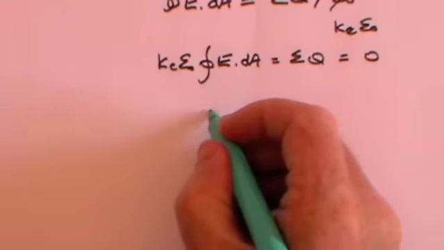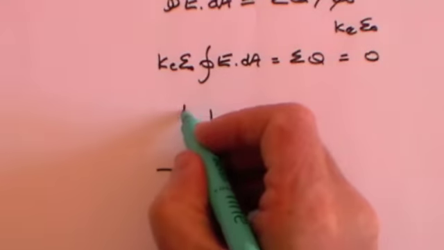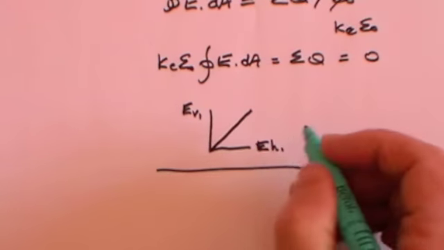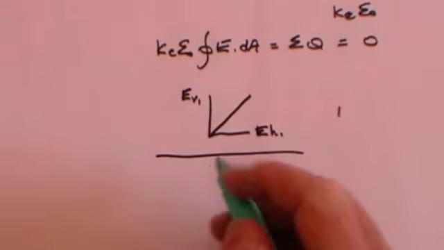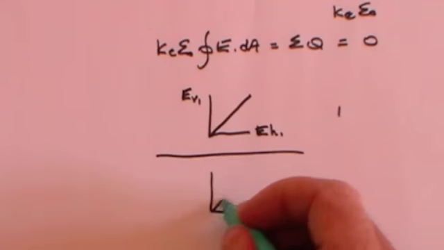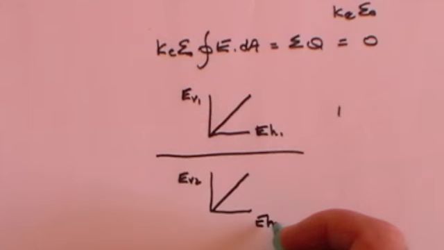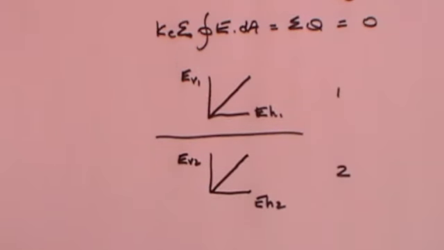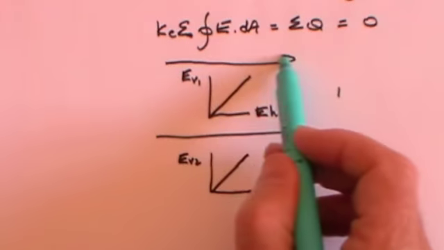So here is the electric field vector with its constituent parts EV1 and EH1 in medium 1, and here is the E vector with its constituent parts EV2 and EH2 in medium 2. And what I'm going to do is to construct what's called a pillbox, or if you like, a cylinder.